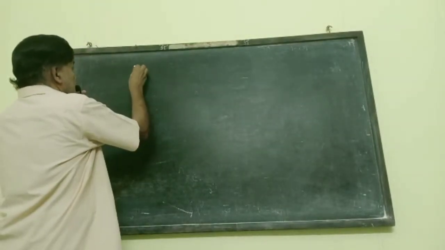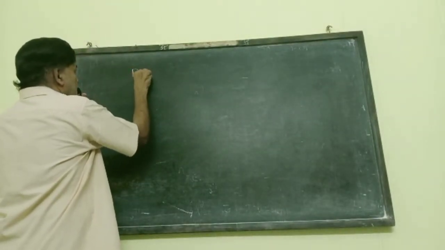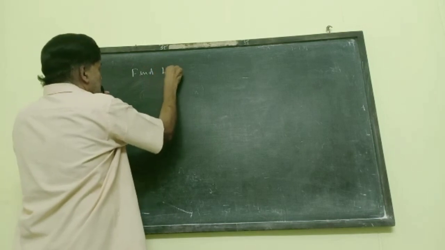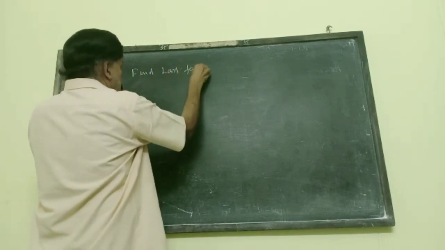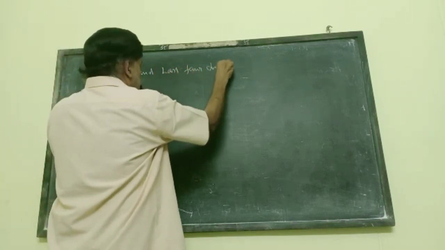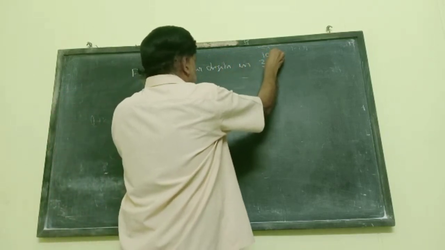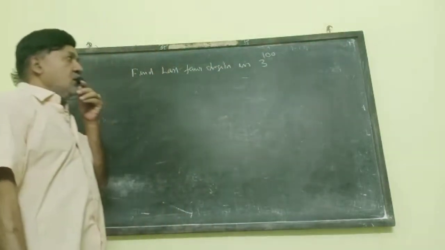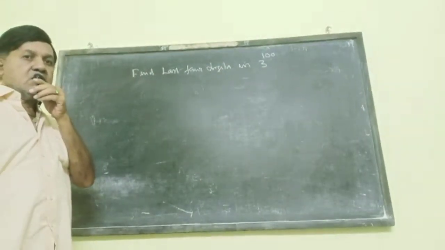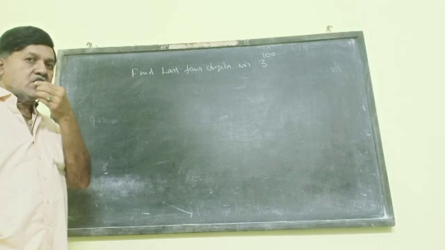The next question is: find the last 4 digits in 3 to the power of 100. Last 4 digits in 3 power 100. That is our next question.